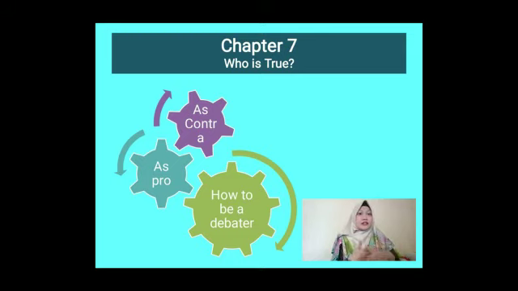So the author wants them to be able to be a debater as a pro and as a contra. So they can do it in their life, or they can do it with their friends or their group. So it depends on them what they want to use it for.